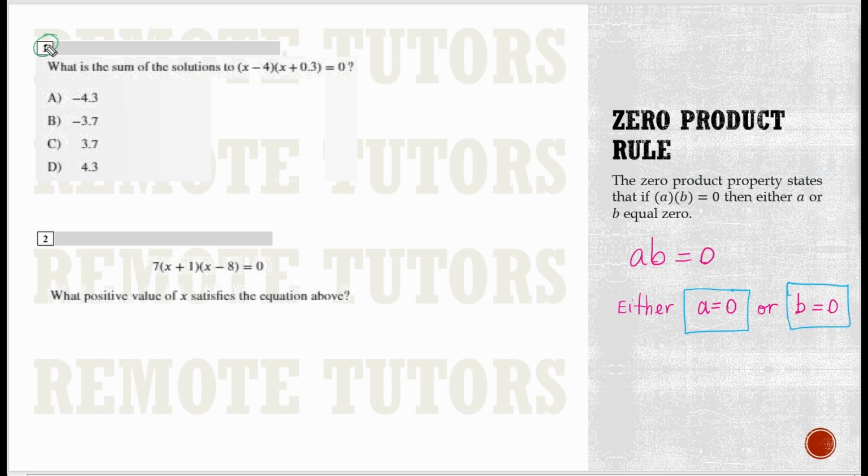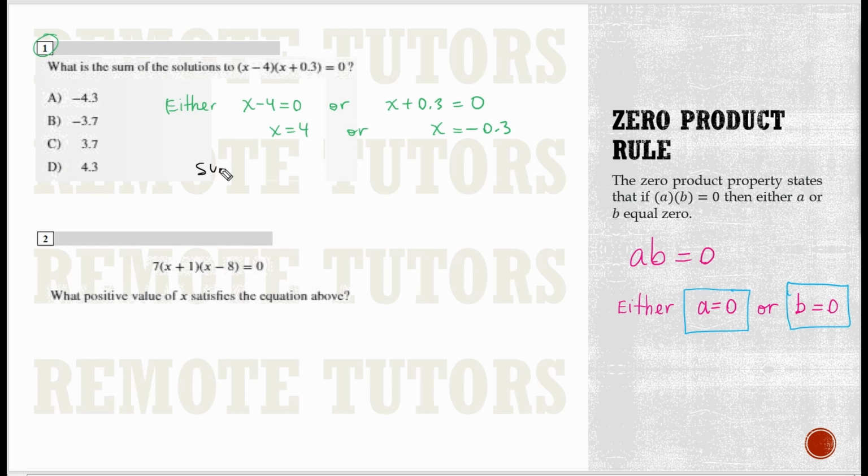Let's see example number 1. What's the sum of the solutions to the following equation? So this is basically the same. Either x minus 4 gives 0 or x plus 0.3 gives 0. So one solution is x equals 4 and the other one is x equals minus 0.3.